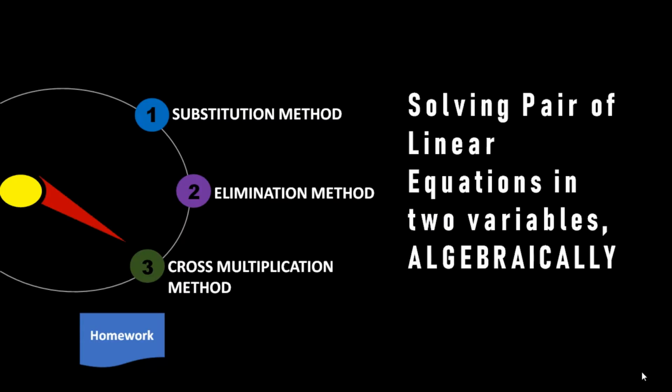This was about the first method. Now let's look at the second method, that is elimination method. So what is important in substitution method is that at least in one equation, one variable should be written in a form such that there is no fraction involved. Let's look at elimination.